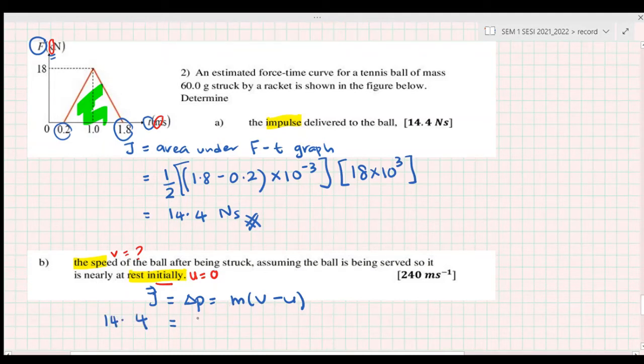Alright, so mass dah diberi, which is 60 gram. Okay, but convert into kg. Alright, so maksudnya kita ada 60 darab 10 kuasa negatif 3. Okay, unit dalam kg. Final velocity kita nak cari, initial velocity is equal to 0. So we got the final velocity is equal to 240 meter per second.